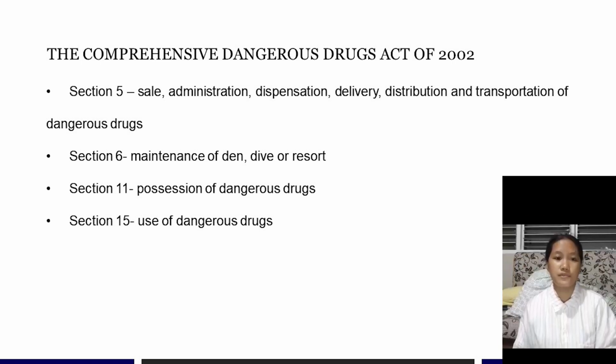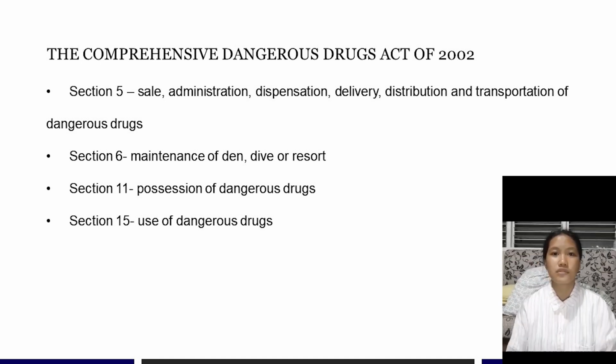Section 11. Possession of dangerous drugs. The penalty of life imprisonment to death and a fine ranging from 500,000 pesos to 10 million pesos shall be imposed upon any person who, unless authorized by law, shall possess any dangerous drugs in the following quantities, regardless of the degree of purity thereof. Number 1. 10 grams or more of opium.